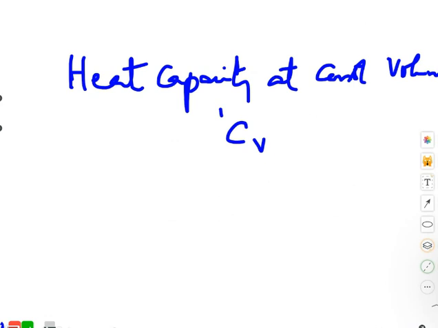Cv is the amount of heat required to raise the temperature of 1 mole of a gas by 1 degree when the volume of the gas is kept constant. So Q is equal to Cm delta T, but Cm is C by n.